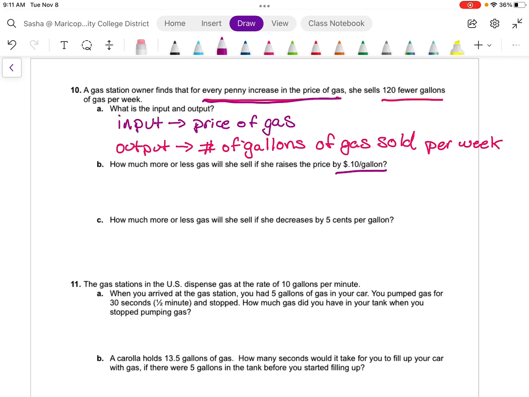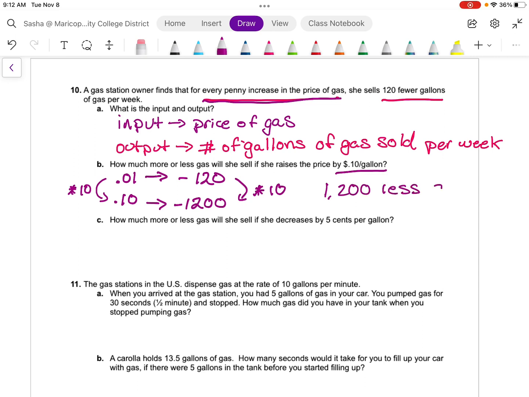So you could think about it like, 1 cent led to a decrease of 120. If I raise the price 10 times the amount, I'm going to sell 10 times fewer gallons. And so 120 times 10 would be negative 1,200. And so she's going to sell 1,200 fewer gallons of gas.